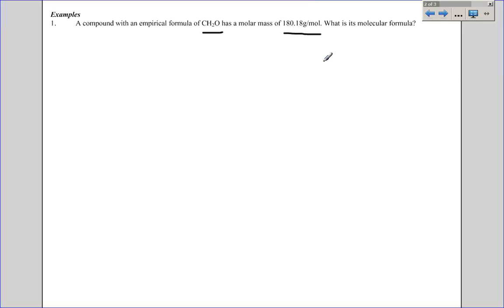What you need to recognize from reading questions like this is that when they're talking about the compound or they're giving you some kind of a molar mass, that's making reference to the molecular formula. So in this case, you can use the information from the periodic table for carbon, hydrogen, and oxygen to find that the molar mass of CH2O is 30.03 grams per mole.